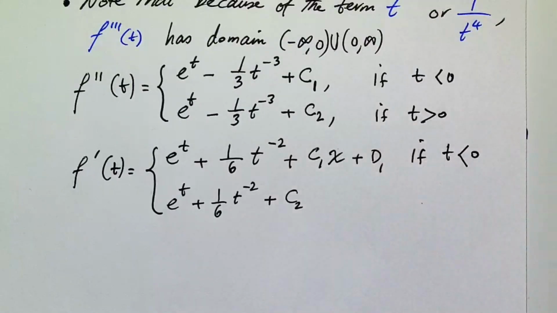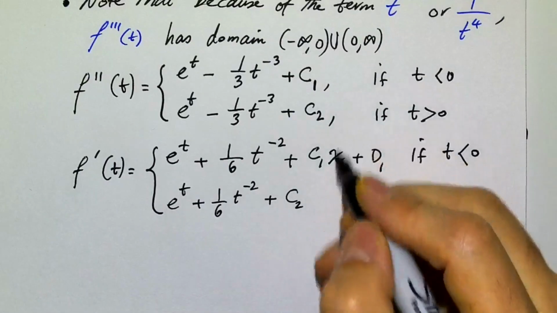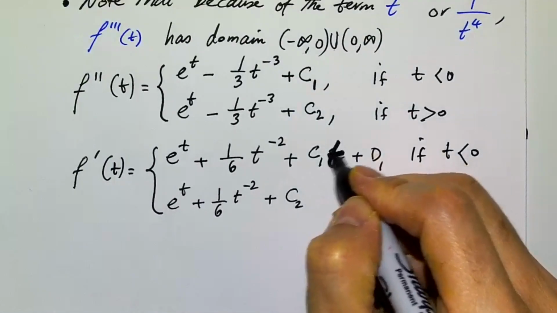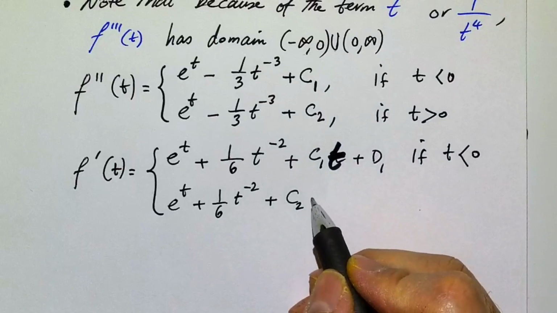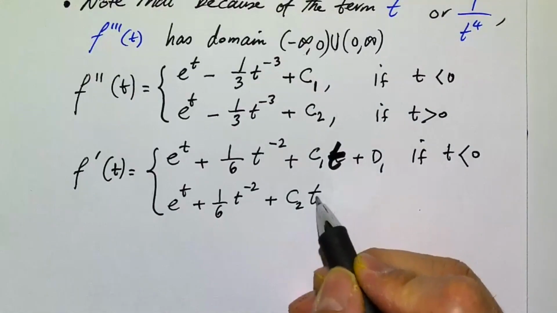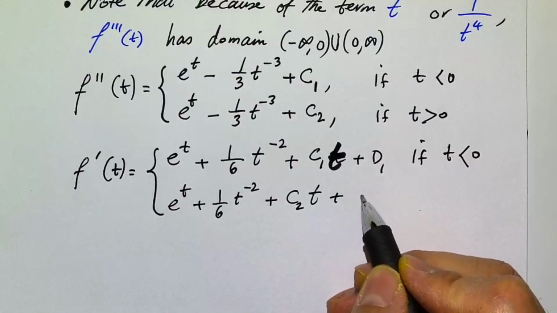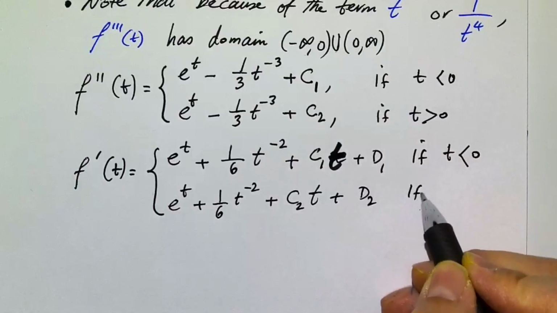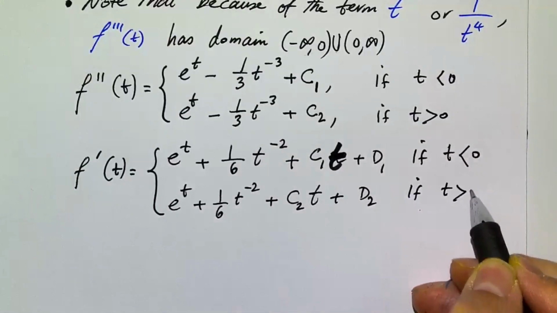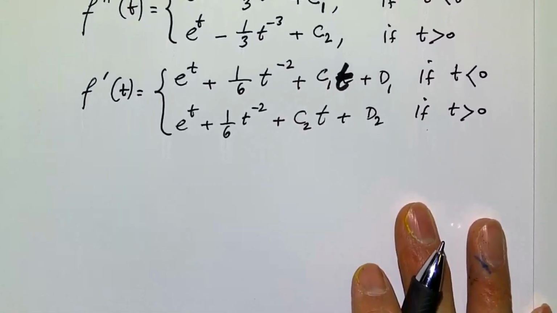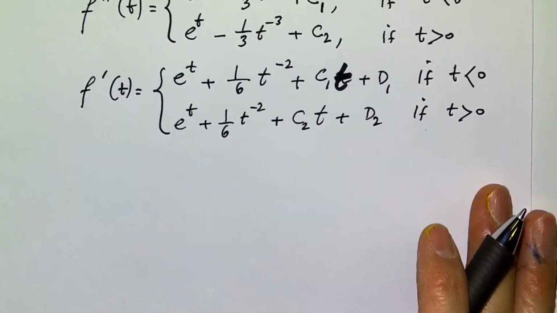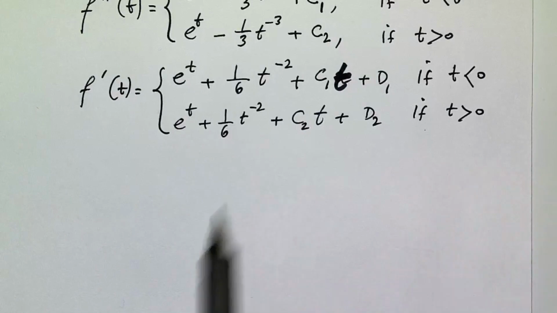Let me correct that with my thick marker here. Our variable here is t, so it should be t. And then c2t also plus d2. And then if t is greater than 0, then I think that's correct.